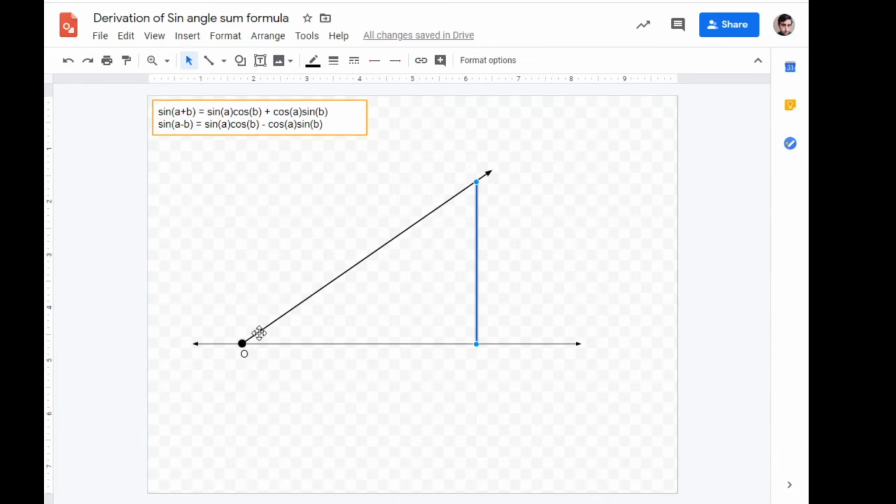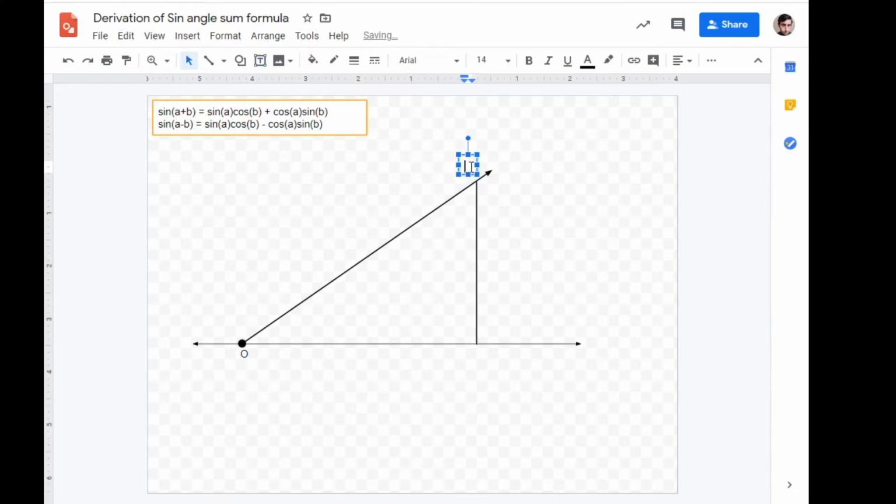Now, we're going to give these points names just so that we know what we're talking about. Let's give this point where it's intersecting the name P. So that's this point right here.